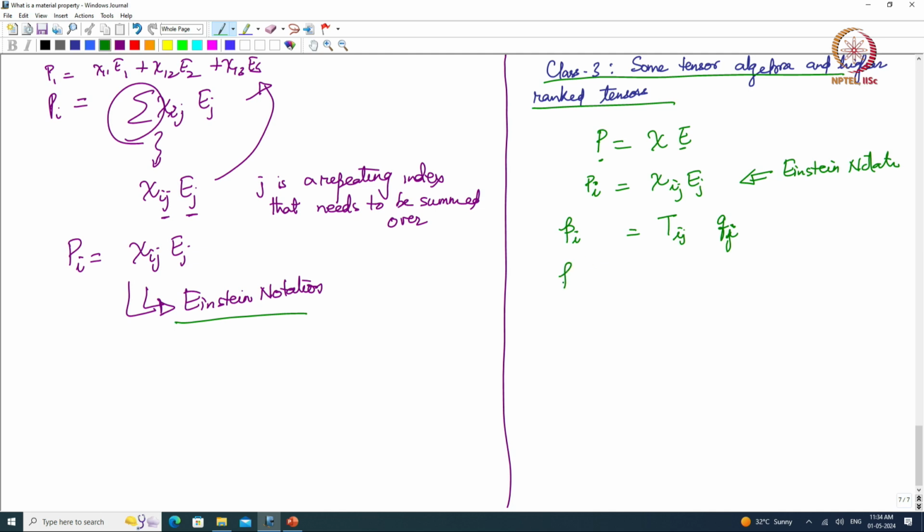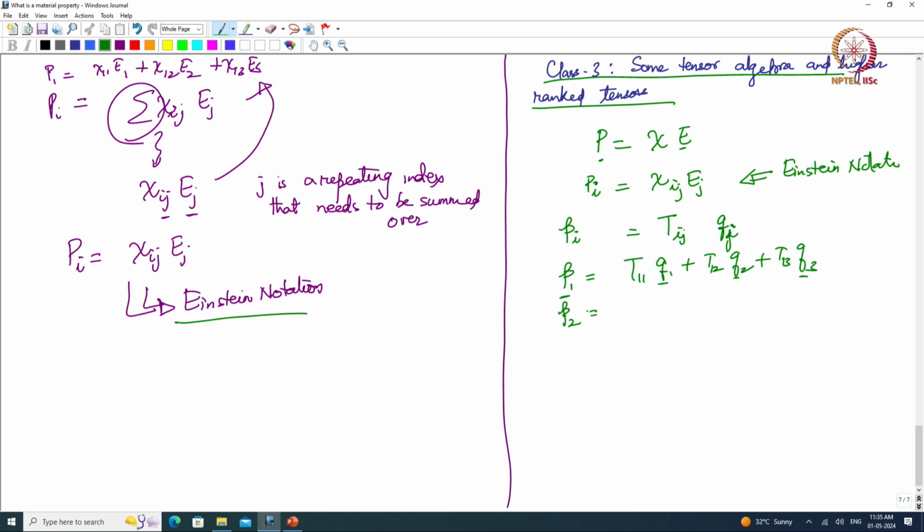That means that if I look at P1, I am going to write P1 as T11 Q1 plus T12 Q2 plus T13 Q3, right. So, P1 is not just dependent on Q1, but it is also dependent on Q2 and Q3. We will come back to this and see what this really means.